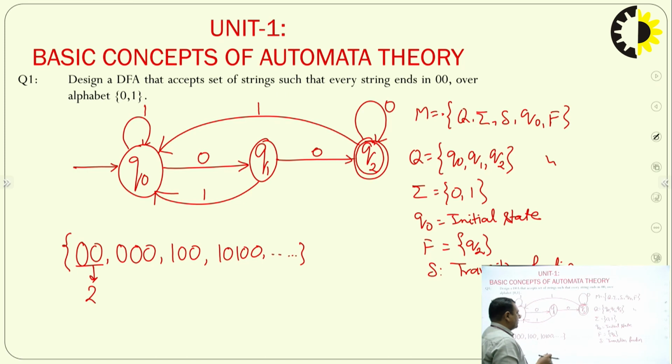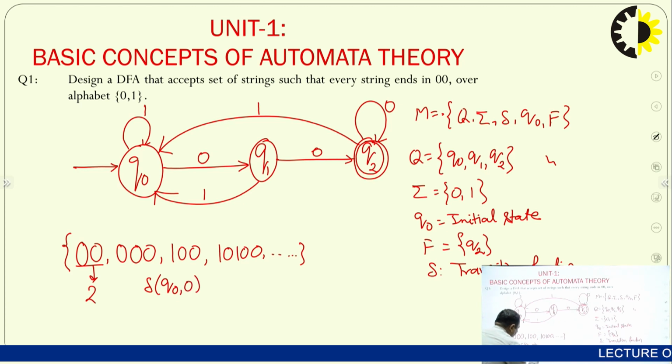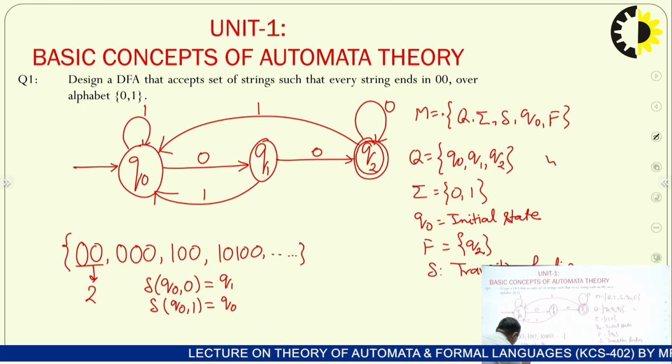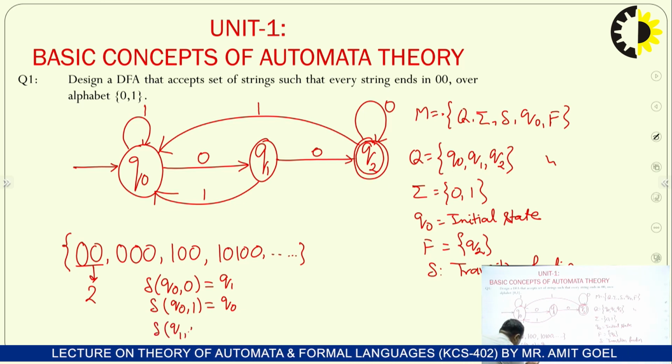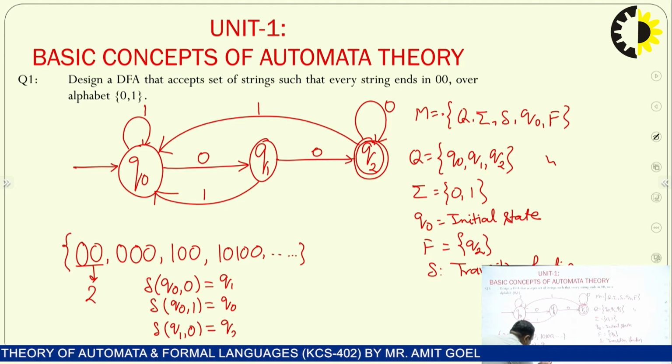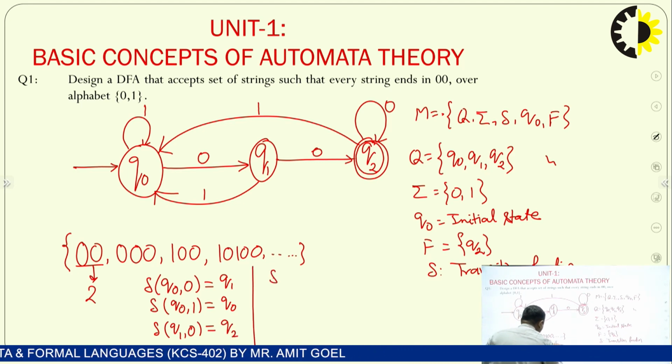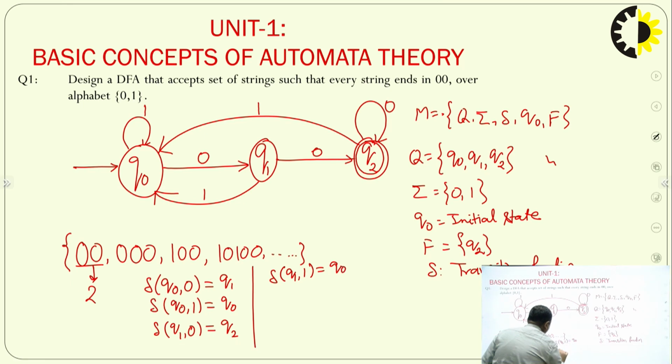We define it like delta Q0 comma 0 will be equal to Q1, delta Q0 comma 1 will be equal to Q0, delta Q1 comma 0 will be equal to Q2, delta Q1 comma 1 will be equal to Q0, delta Q2 comma 0 will be equal to Q2, and delta Q2 comma 1 will be equal to Q0.